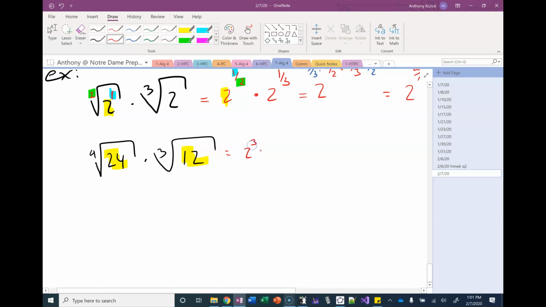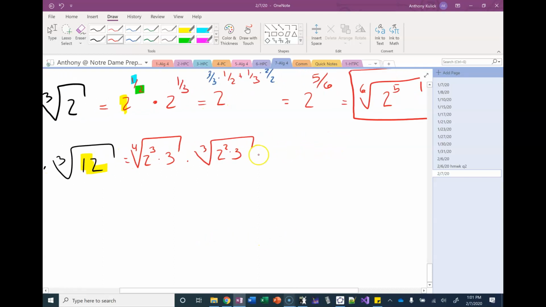24 is 2 to the 3rd times 3. 12 is 2 to the 2nd times 3. I'm now going to convert each of these into the exponential form. So I have the 4th root of 2 to the 3rd.